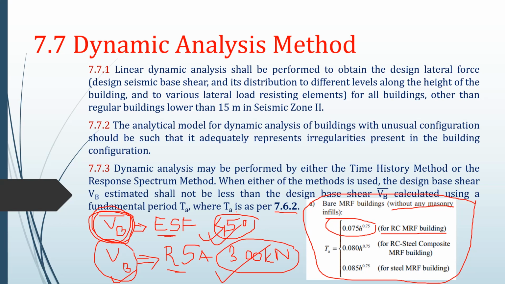And that's why, before performing any other type of dynamic analysis, we first have to perform the linear static analysis for our structure. So it is necessary to perform a linear static analysis of our structure before performing dynamic analysis, because we have to compare the base shear that we obtain from dynamic analysis to the base shear that we obtained from our linear static method.